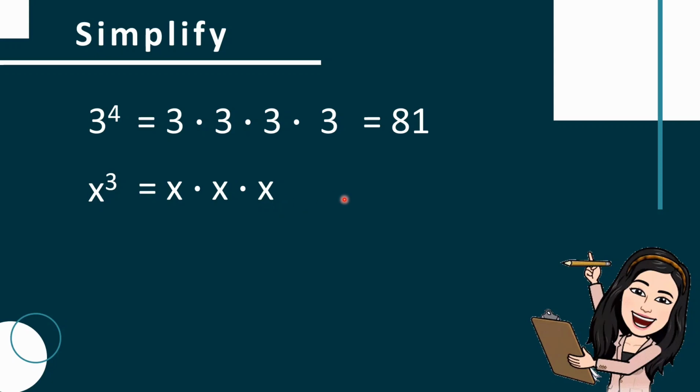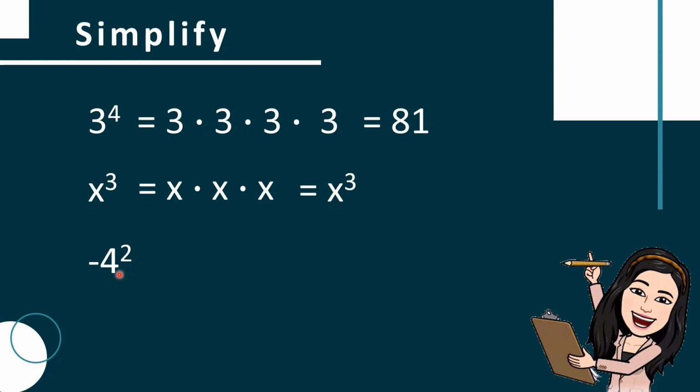Now, how about negative 4 squared? So here, ang may exponent na 2 ay sino? Or alin? Ang may exponent na 2 dito ay only 4. Hindi kasama si negative since wala naman siyang parenthesis.